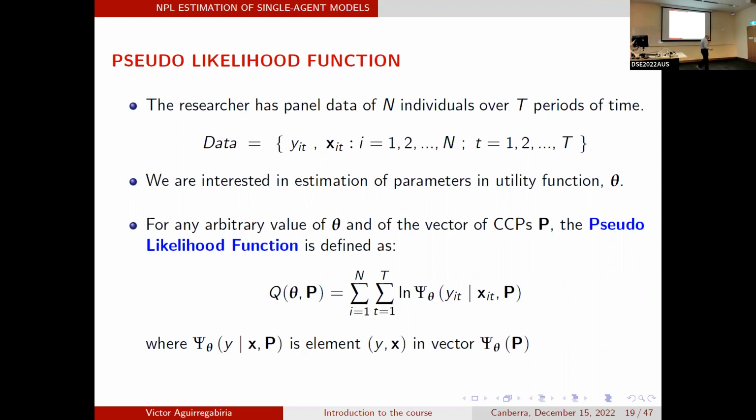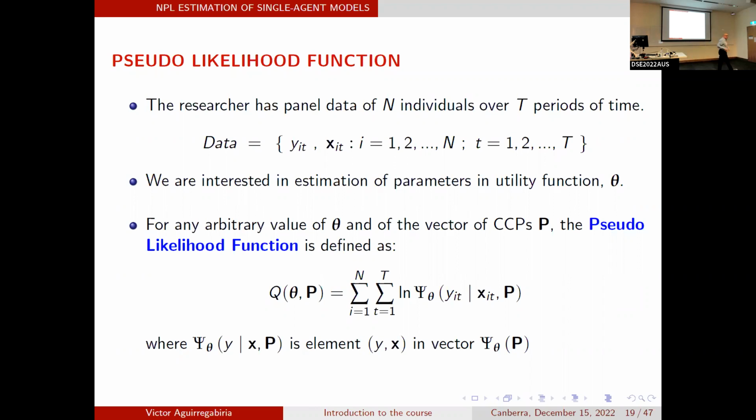Then one possible interpretation of this pseudo likelihood function is that we consider a model where players or agents have some beliefs about how they will behave in the future.